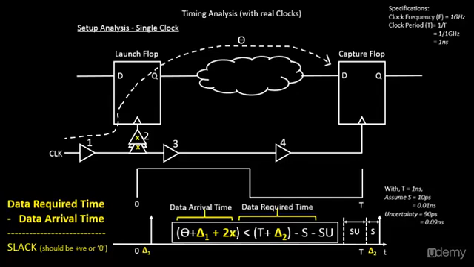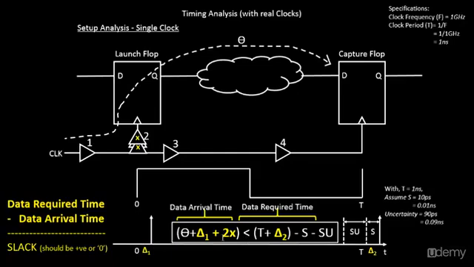Similarly, you tend to add more and more obstructions in the clock path. The data arrival time, the time that is required for the data to reach this point, goes beyond the required time, and you end up with a negative slack over here, which is bad for a design.